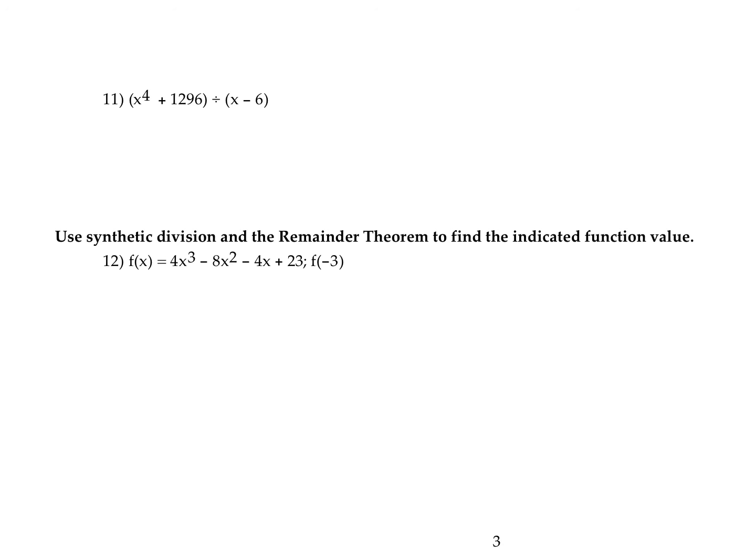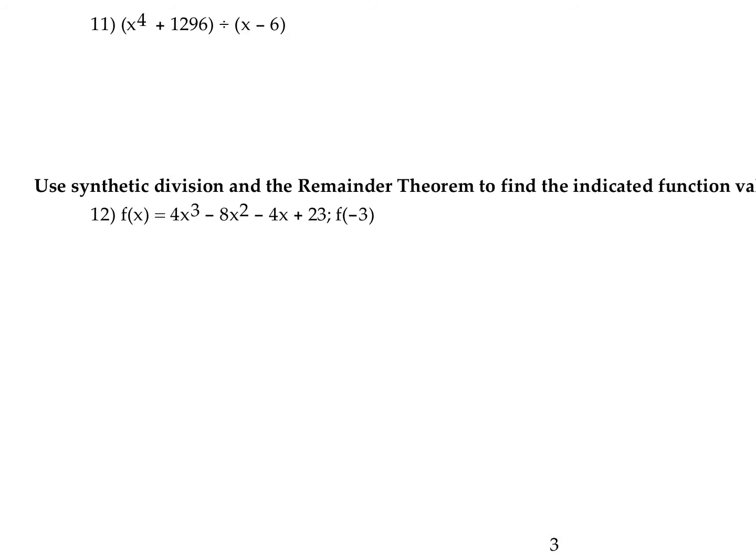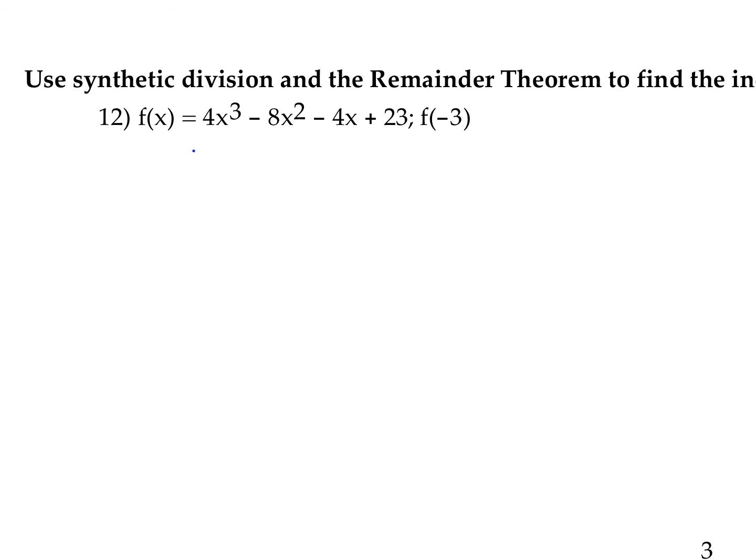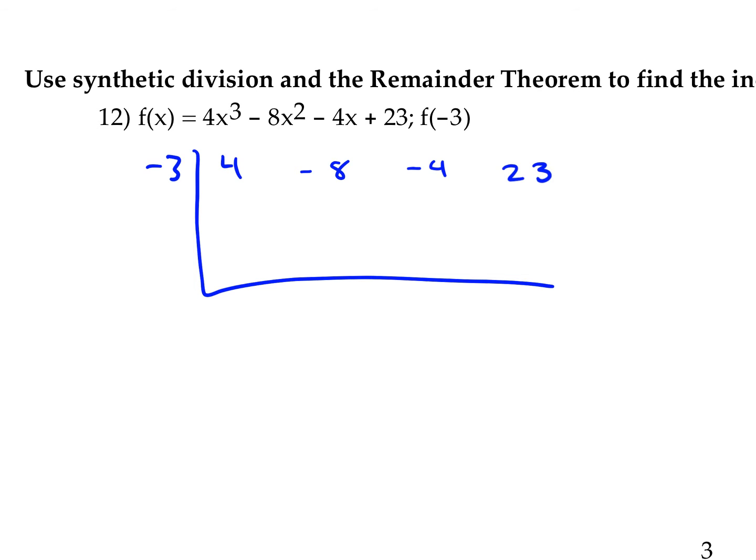So number 12, we have to use synthetic division and the remainder theorem to find the indicated function value. So what goes on the outside? -3. And on the inside? Awesome. Always double check, make sure you're not missing anything. If we start with x cubed, we should have 4 numbers in our box.